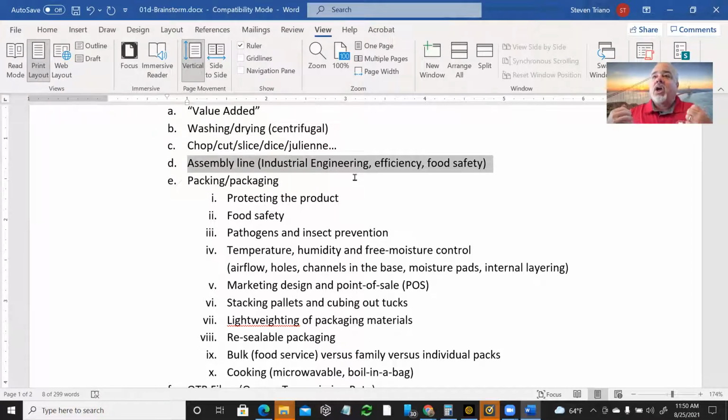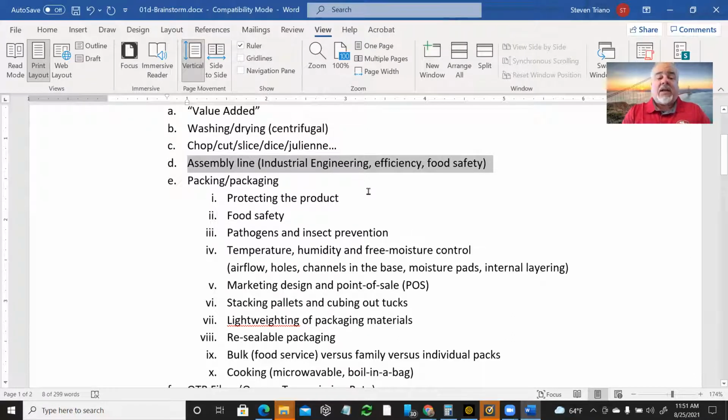How do you do the computer programming to monitor and move the process along using smart technology, computer engineering and programming? But the industrial engineering is the efficiency and layout and processes of manufacturing.